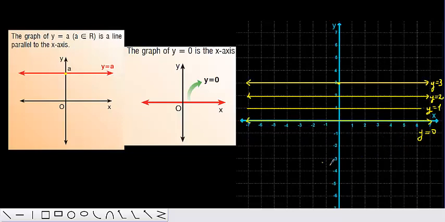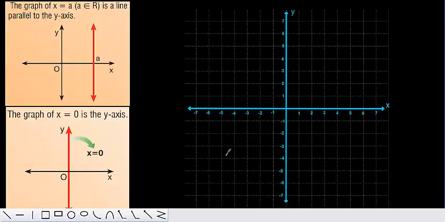Okay, if the value is negative, I'm going to give only one example for the negative. If it is passing through the point -4 and it is parallel to the x-axis, it means that this is the y is equal to -4 line. We have the same type of graph for the x values.